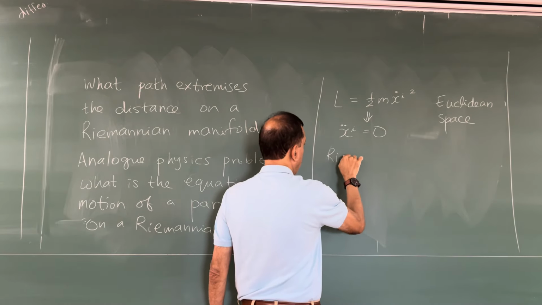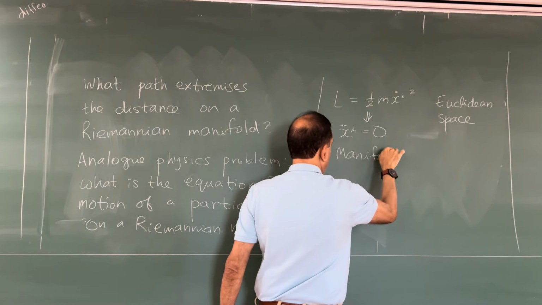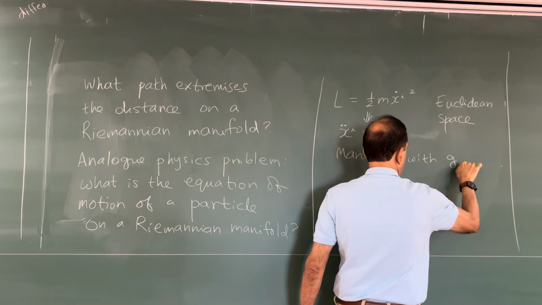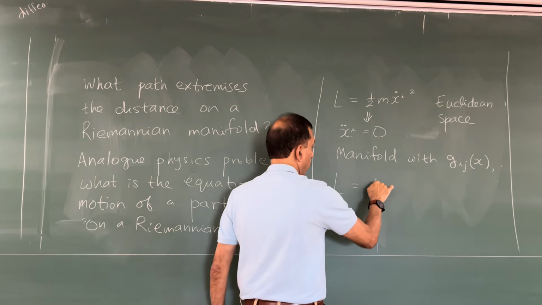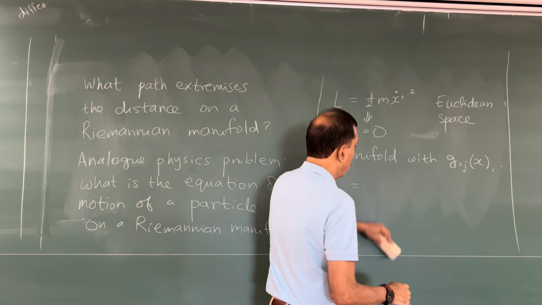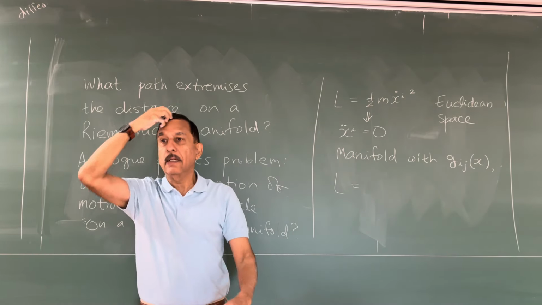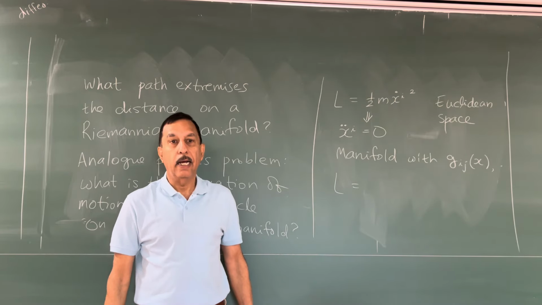So for a manifold which comes with G_ij of x, what should be the Lagrangian? Any guesses? Of course, it should reduce to that exactly when G_ij is delta_ij, identity.